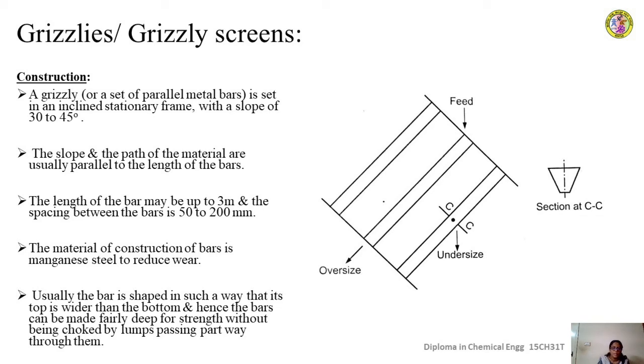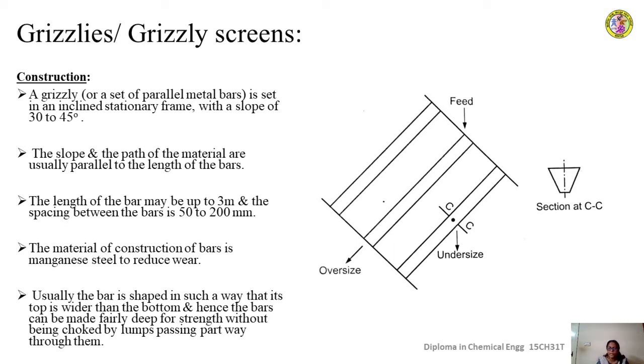With this kind of construction, we can make a stronger bar having a certain depth, and also, if such bars are made, then choking of the space between the bars does not occur. That can be minimized by having a construction of the bar in this manner.